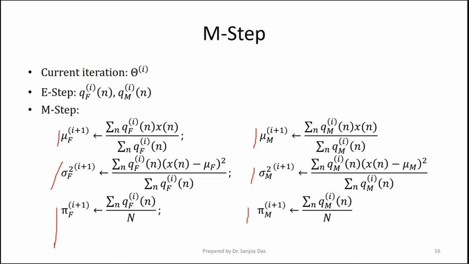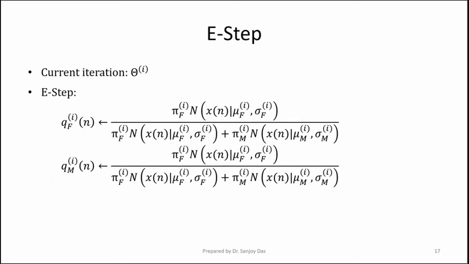Let's look at the complete algorithm. So this is the E step. In the E step, we obtain the values of the conditional distribution of Z, the hidden variable, using the existing values of the parameters and the samples.